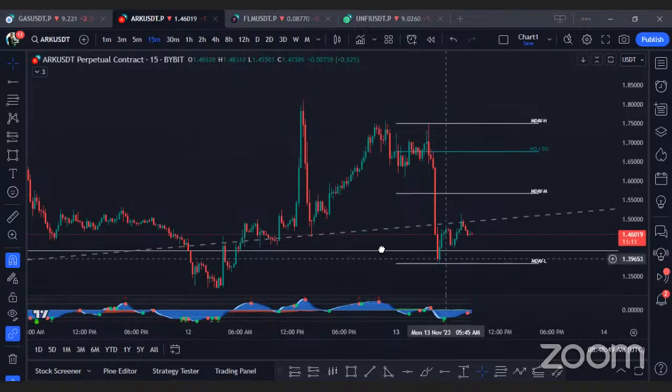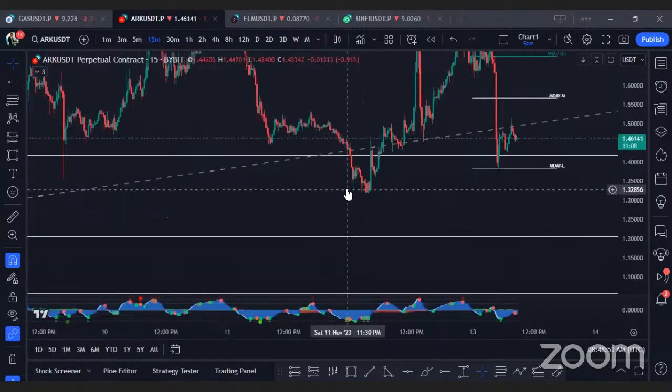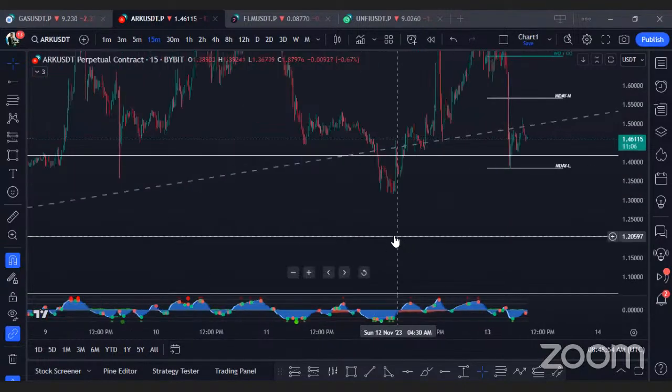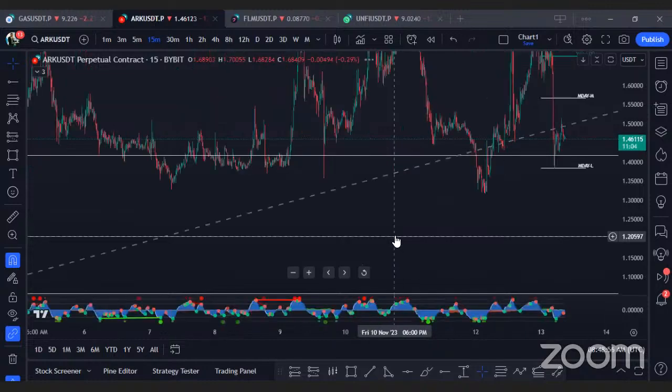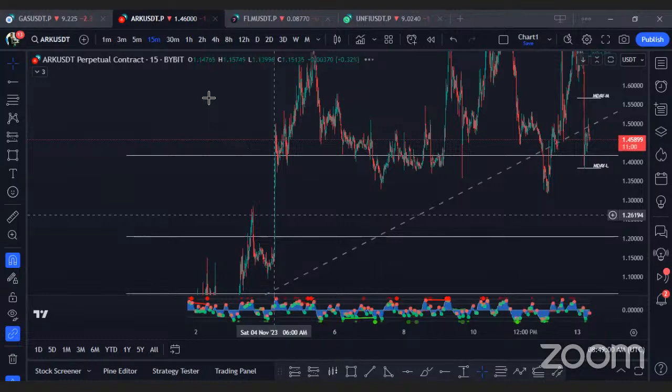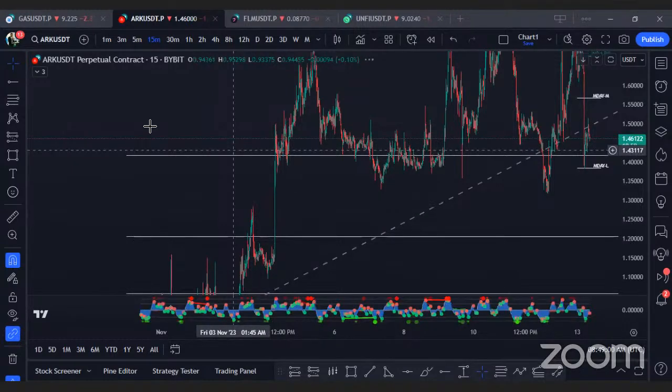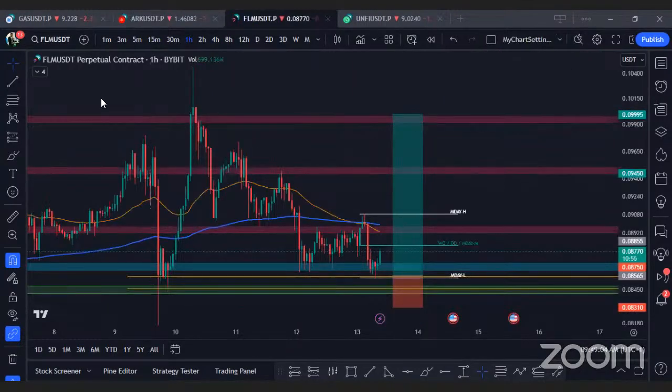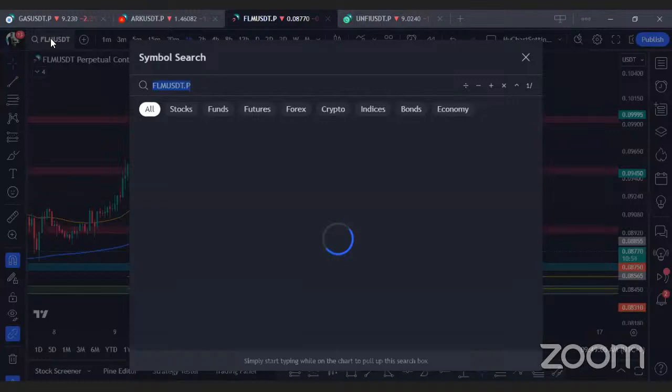The limit order is what I set here, right? Equally pay attention to this level. I told us 1.20 is another good area for a trade, okay?